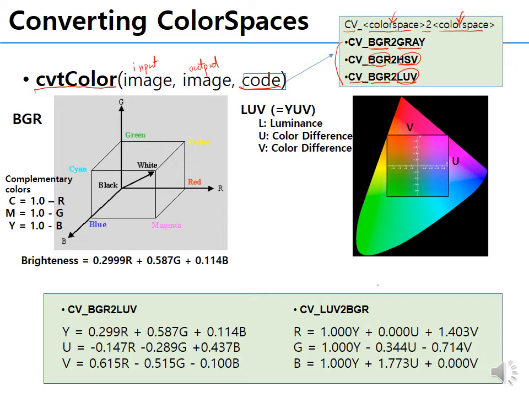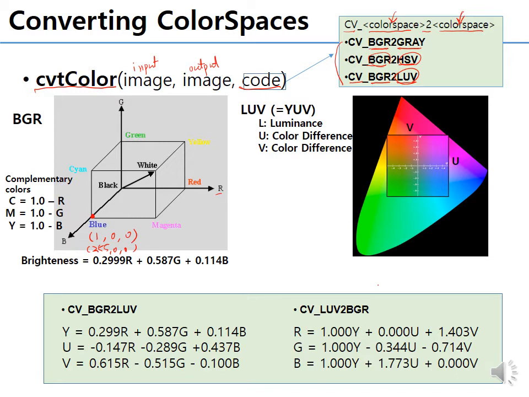First, the BGR color space consists of three colors: blue, red, and green. So there are three axes. This position is B equal 1, 0, 0, or 255, 0, 0. This is the same meaning.